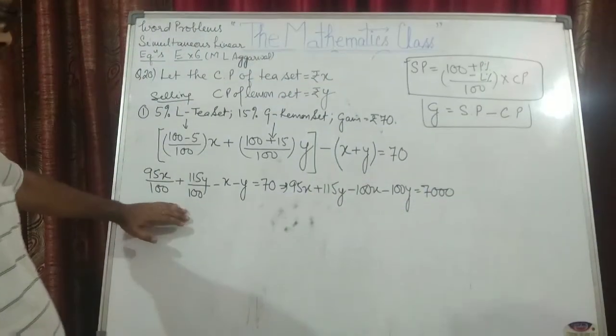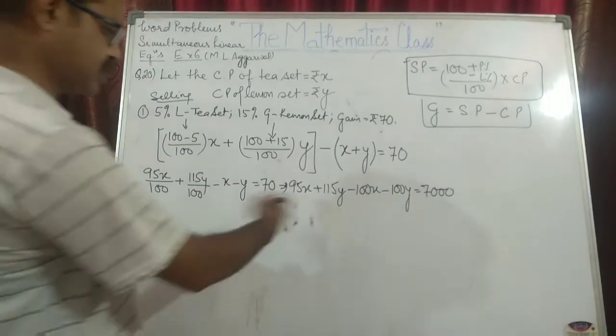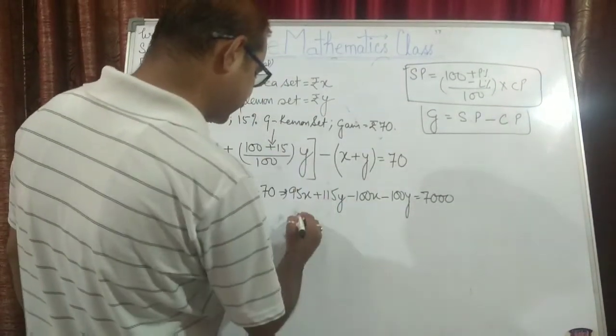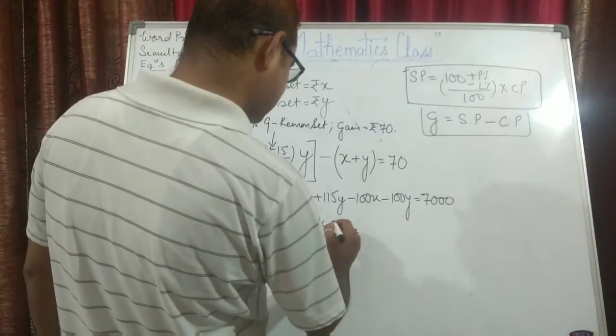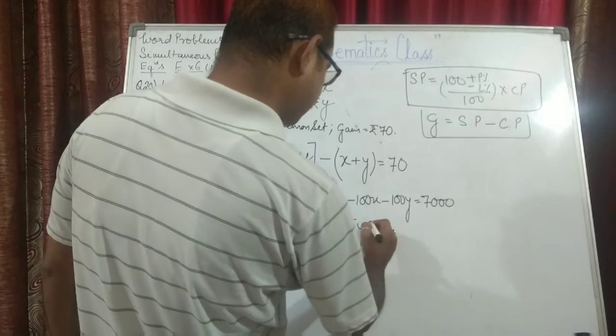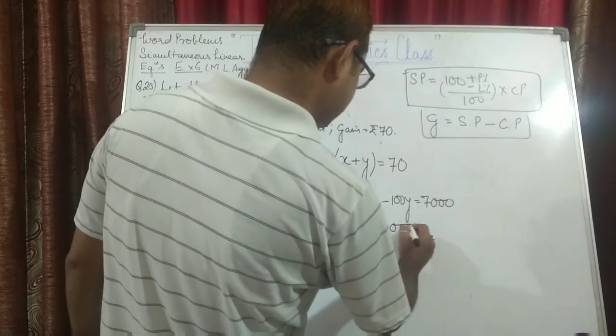We have taken the LCM and multiplied everywhere. So 95x minus 100x is minus 5x, 115 minus 100 is plus 15y, is equal to 7000.